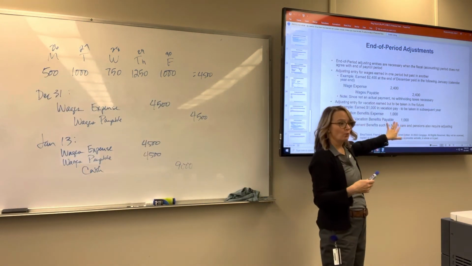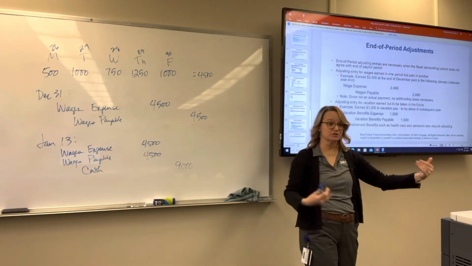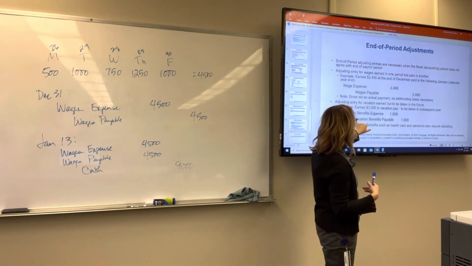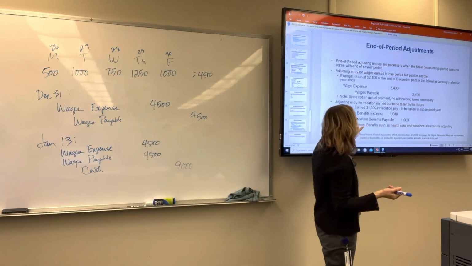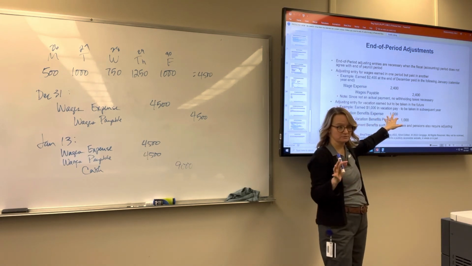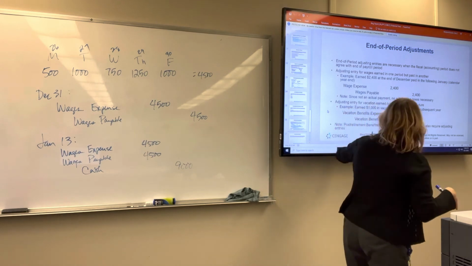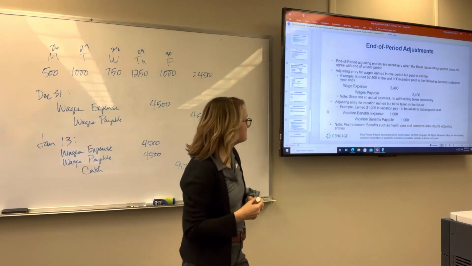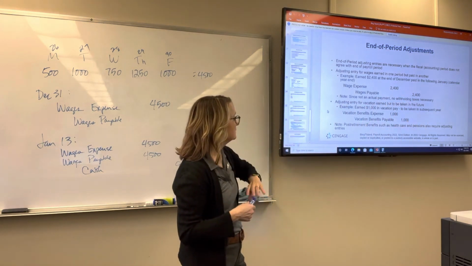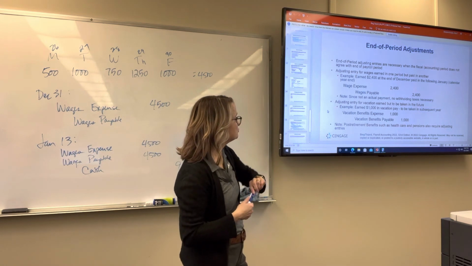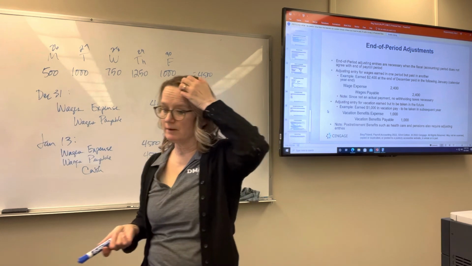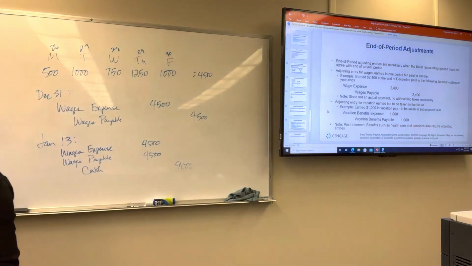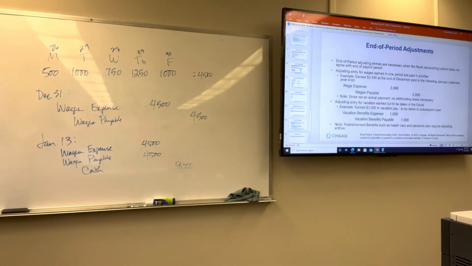So when an employee takes a vacation day, it wouldn't be wages expense or salaries expense, it would be vacation benefits expense, right? Post-retirement benefits and healthcare pensions get a little bit complicated, but that would also be another type of adjusting entry done at the end of the period.